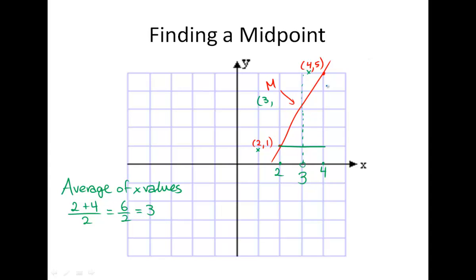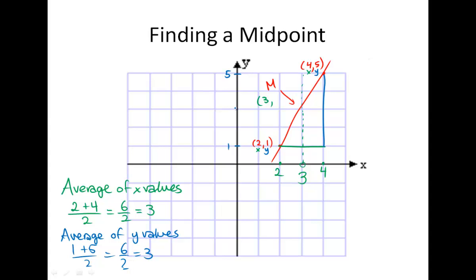In blue, let's take a look at the vertical distance. That's formed by the y values, which are at 1 and at 5. So let's take the average of the y values and see if that gives us exactly between 1 and 5. 1 plus 5 over 2 is 6 over 2 is 3.